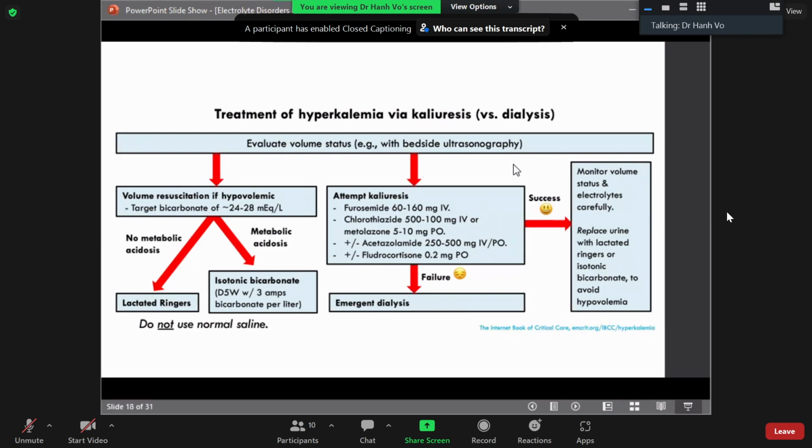So this is the treatment of hyperkalemia via kaliuresis. We can administer furosemide 20 to 40 milligrams IV and can repeat it every 10 or 15 minutes if the symptoms do not improve.